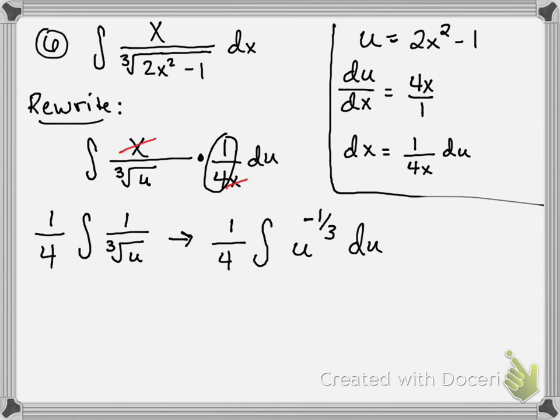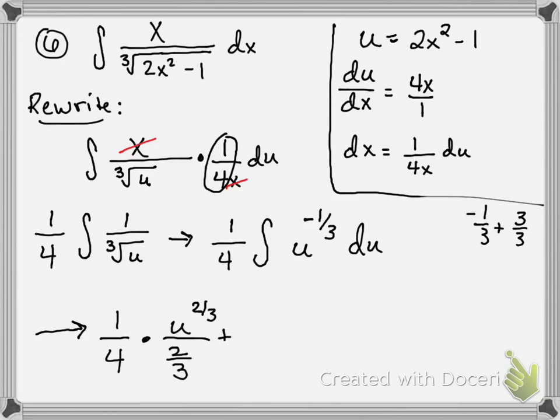So we go through and we do our integration. You keep your 1 over 4, multiplied by u to the negative 1/3 plus 1, so that's 3 over 3, so u to the 2/3 all over 2/3 plus our c value.